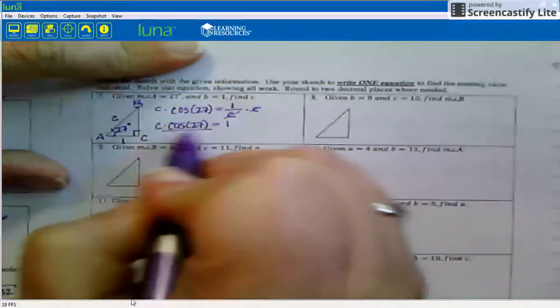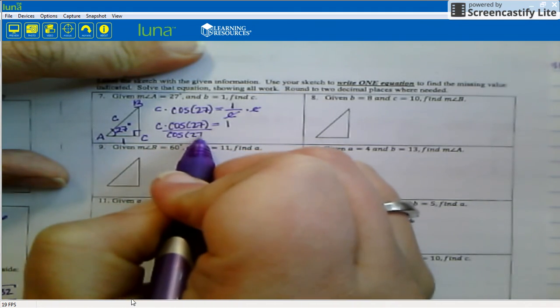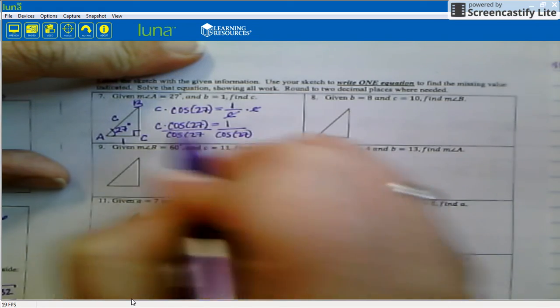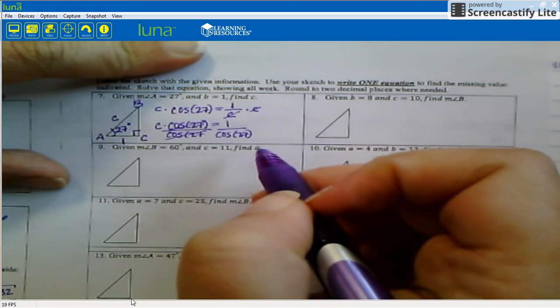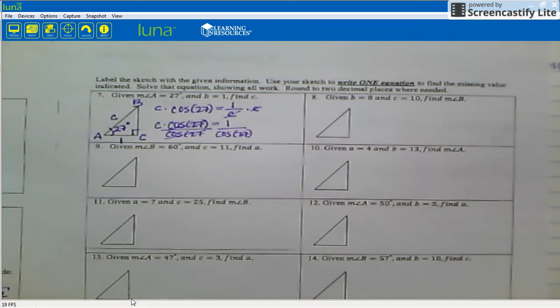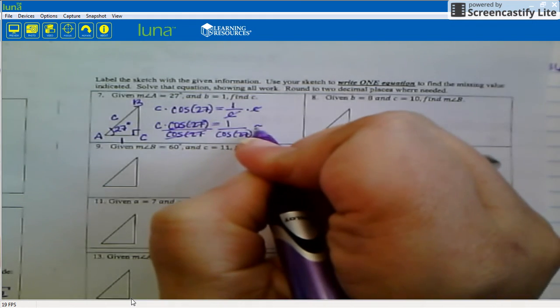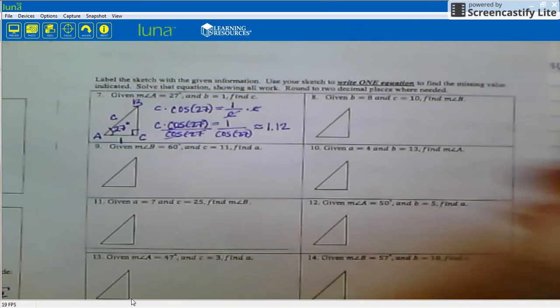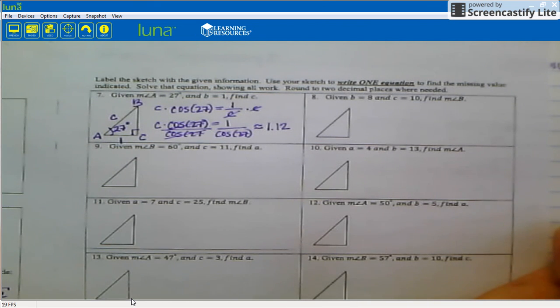And then I'm going to divide both sides by the cosine of 27. And so c is equal to 1 divided by the cosine of 27. And I'll let my calculator do all of that work. And c is approximately equal to 1.12 if I round off to 2 decimal places as indicated.